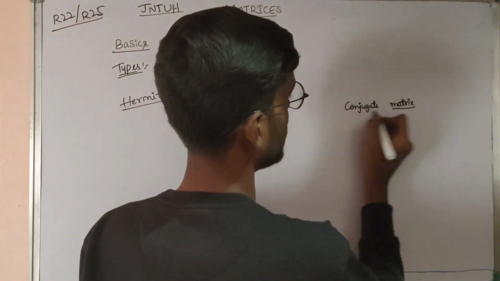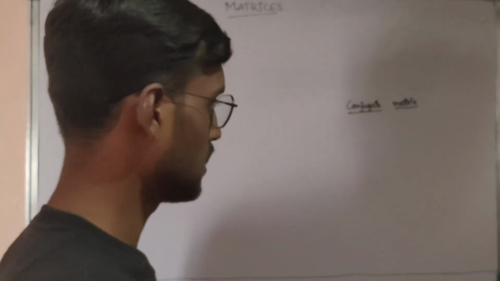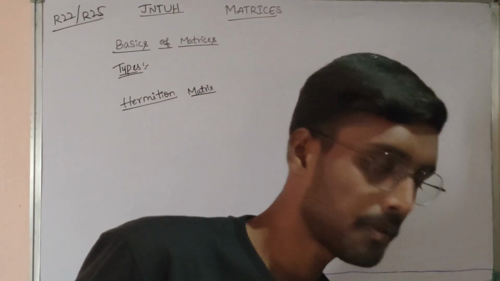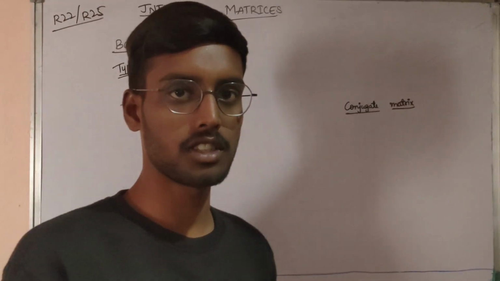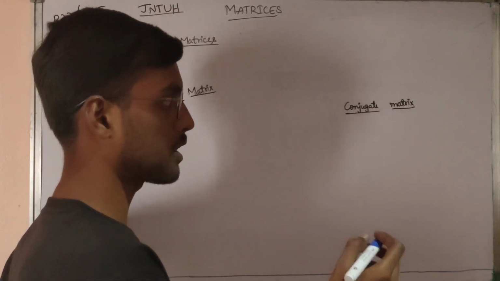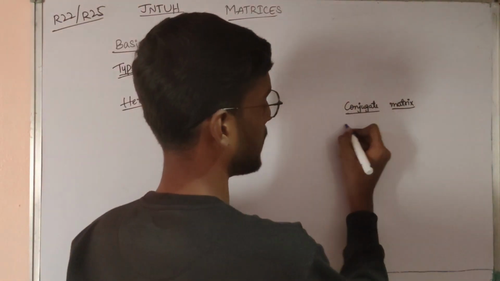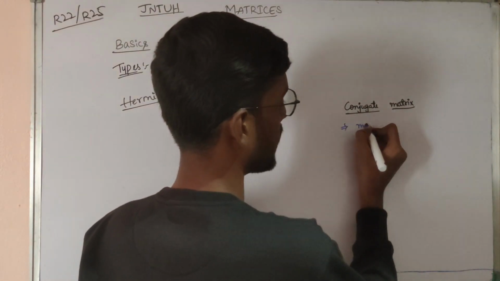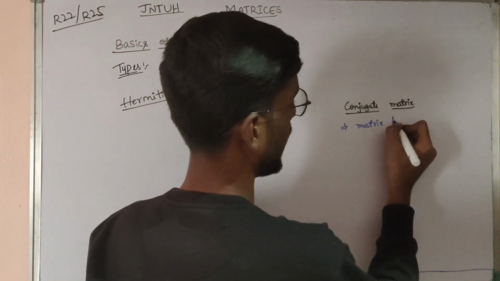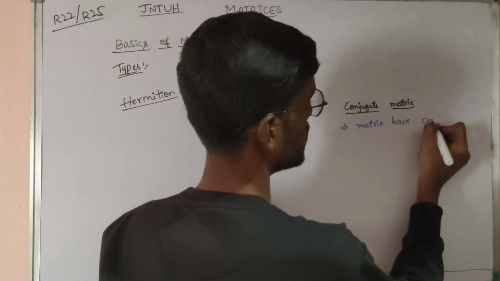Conjugate of a matrix అన్నప్పుడు ఏంది? Conjugate matrix అంటే ఏంది? Simple. Conjugate matrix is considered a matrix with complex numbers. Complex numbers are always defined using i అనే వేరియబుల్ తో మనం కాంప్లెక్స్ నెంబర్స్ ని వాడతాము. So conjugate matrices are matrices having complex numbers.